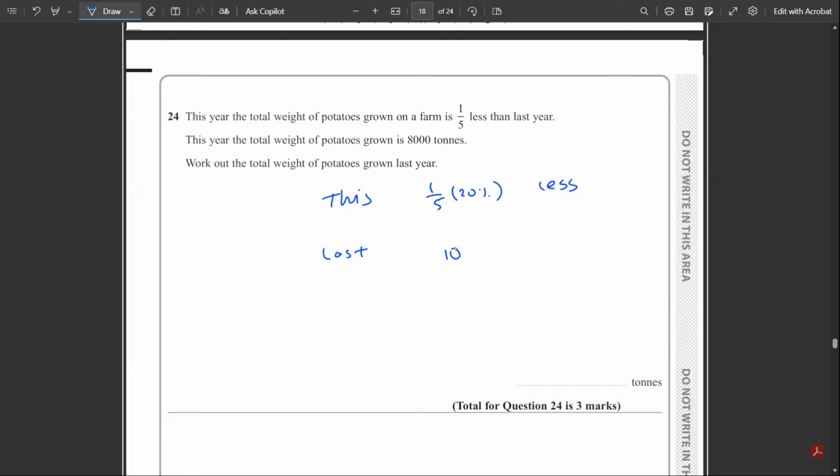So last year was 100%, and that means this year is 80%, okay, because that's 1/5 less. Or you can say 5/5 is the last year, and this year 1/5 less, so this year's amount is 4/5, okay.